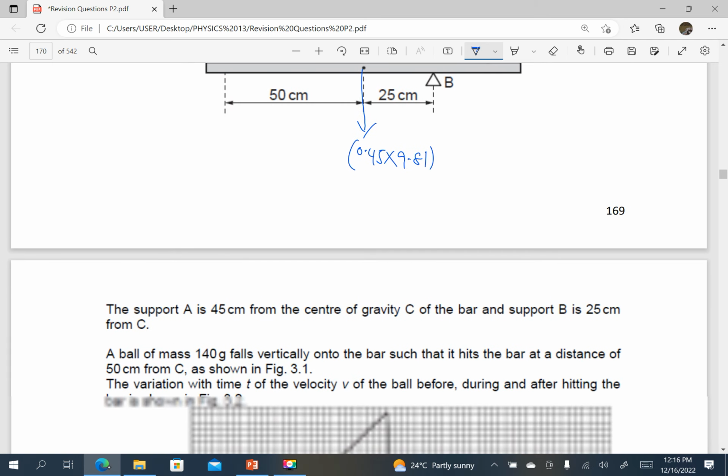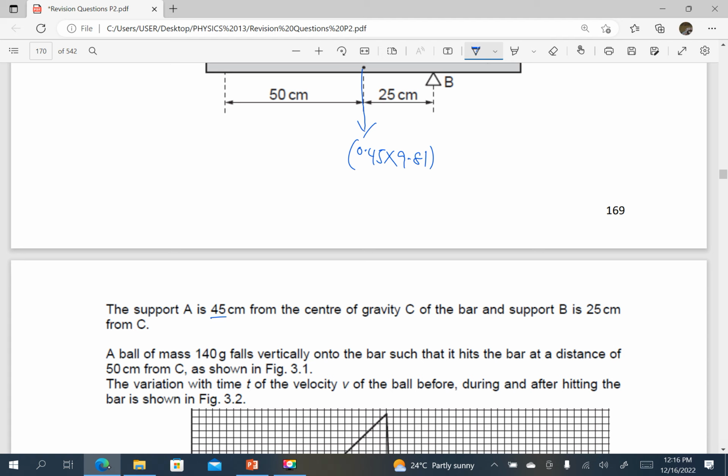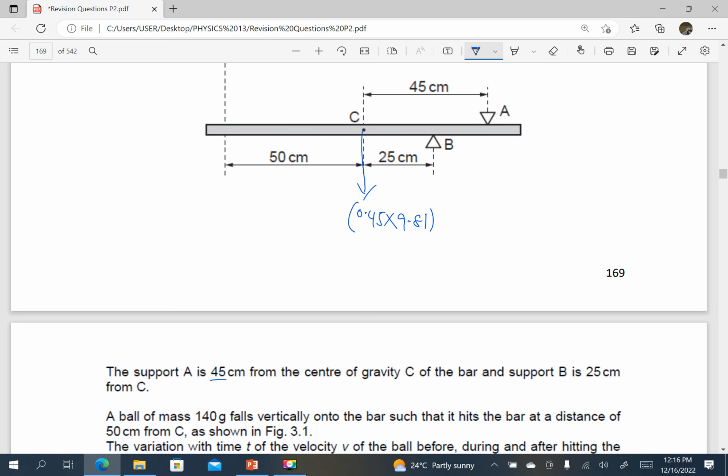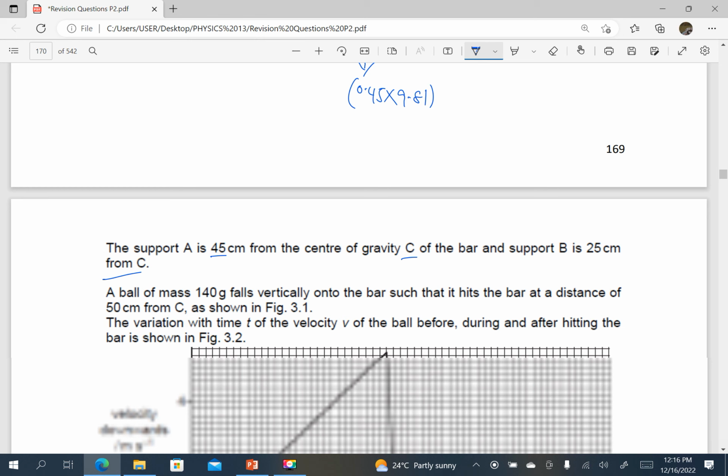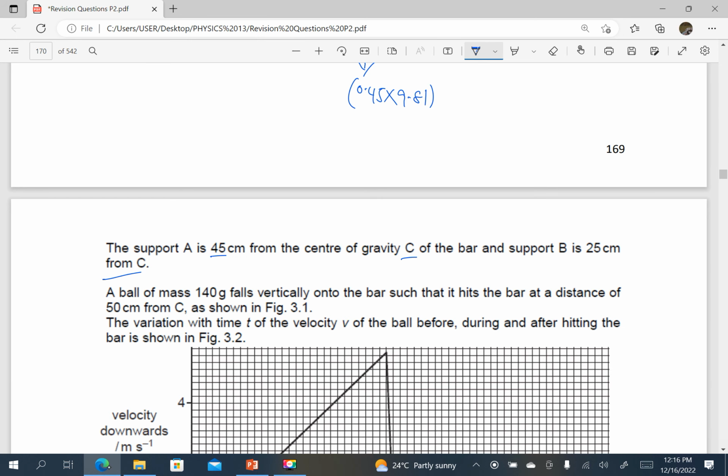The support A is 45 centimeters from the center of gravity C of the bar, and support B is 25 from C. A ball of mass 140 grams falls vertically, so that is 0.14 in kilograms.